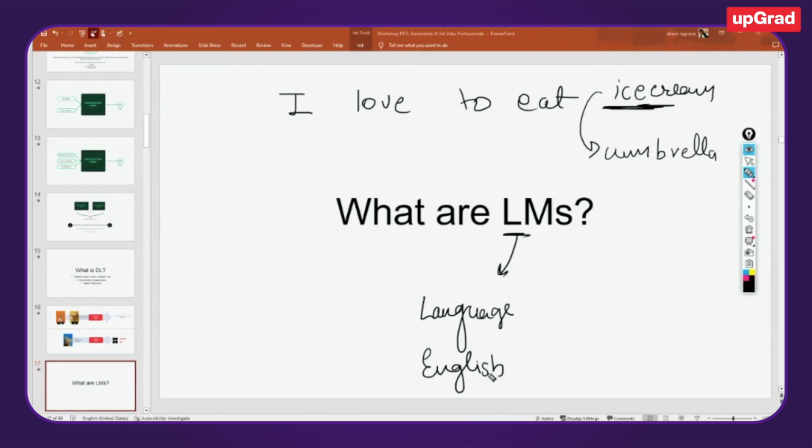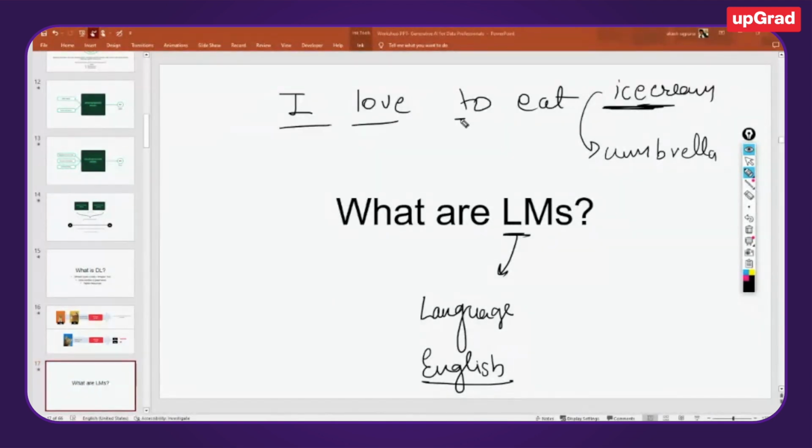But in future there would be a scenario where you can talk in any of the 75 or 100 languages of India and generative AI would be able to understand that. Right now it supports many languages, but we will not go into that part. We will focus on English.